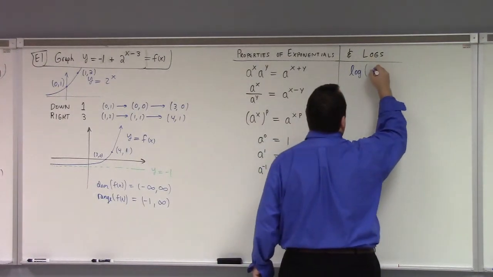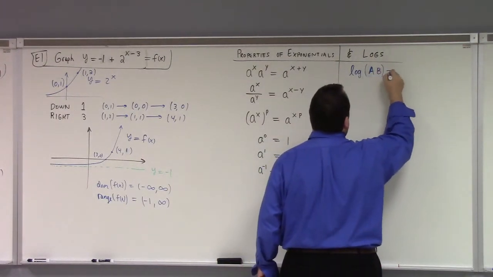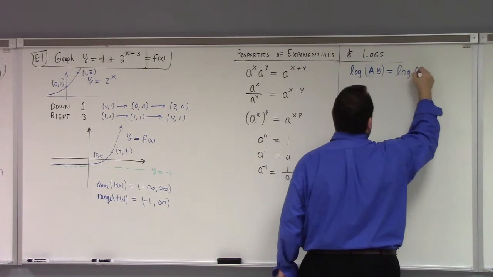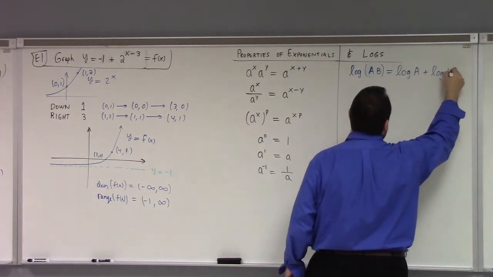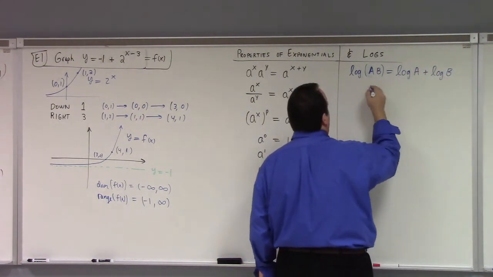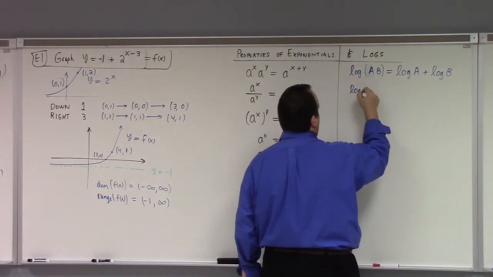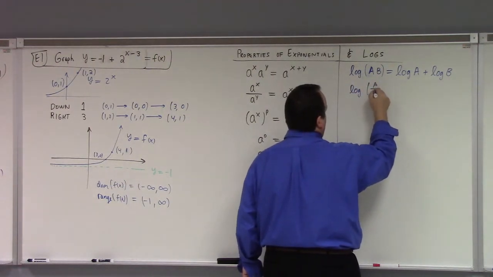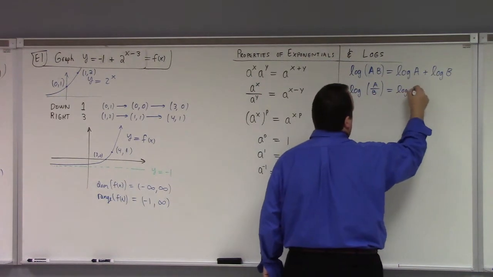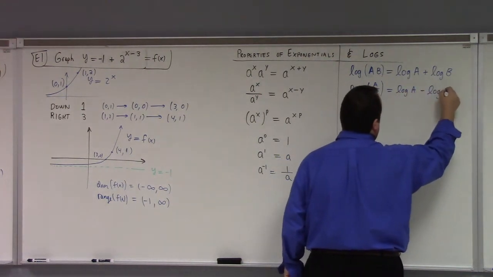But if I have log of a times b, I get log a plus log b. All right. If I have the log of a over b, I get log a minus log b.